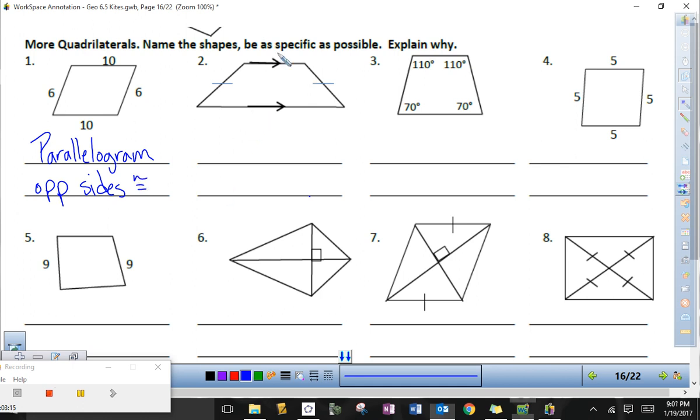The next one, we've got two things marked. The first is one pair of parallel sides, and the second thing is I've got one pair of opposite sides that are congruent. Well, the one pair of parallel sides tells me it's a trapezoid, and then these opposite sides are called legs for an isosceles trapezoid.